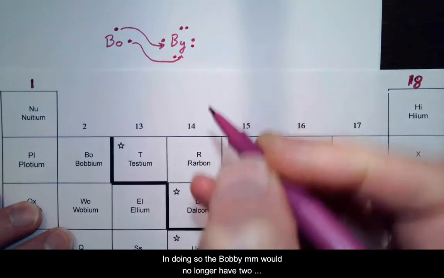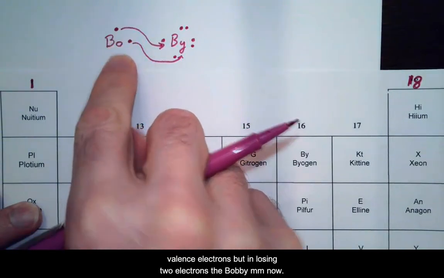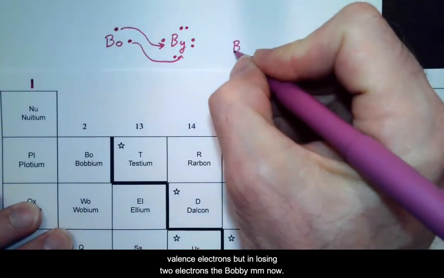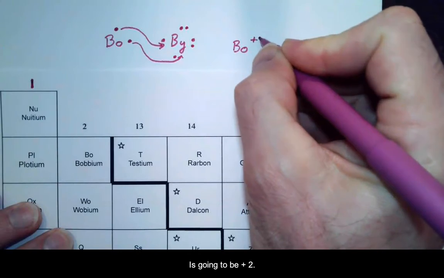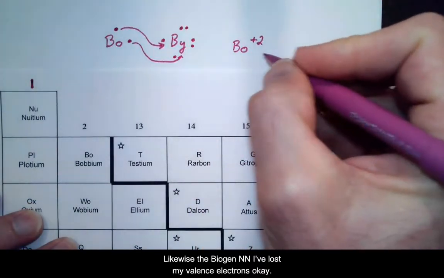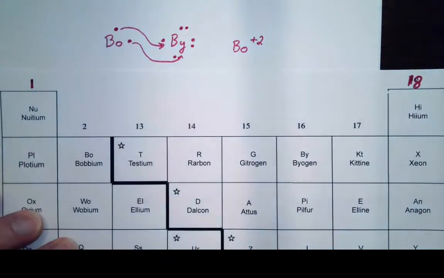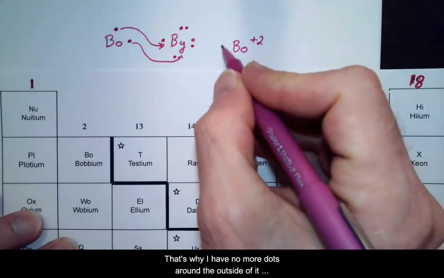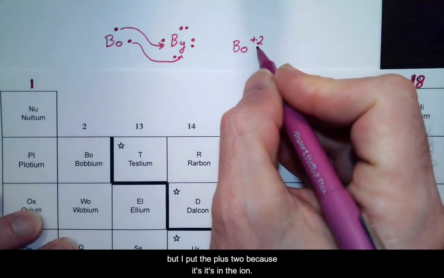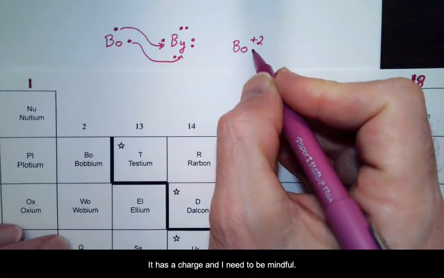In doing so, the bobium would no longer have 2 valence electrons, and in losing 2 electrons, the bobium is now +2. I've lost my valence electrons, that's why I have no more dots around the outside of it, but I put the +2 because it's an ion. It has a charge, and I need to be mindful of that.